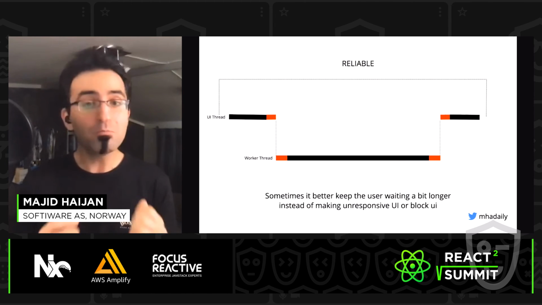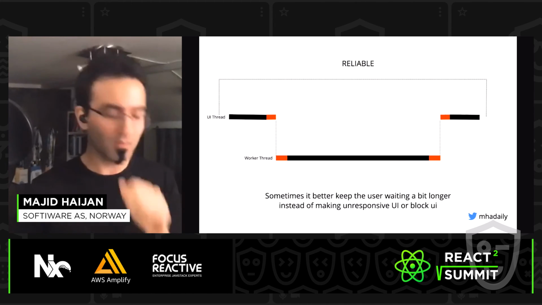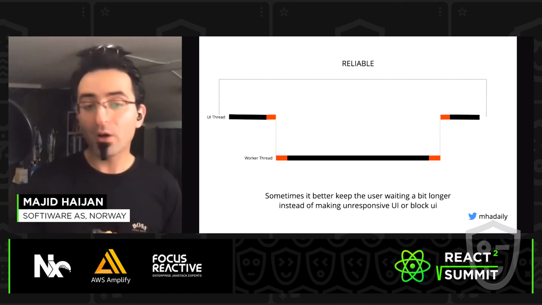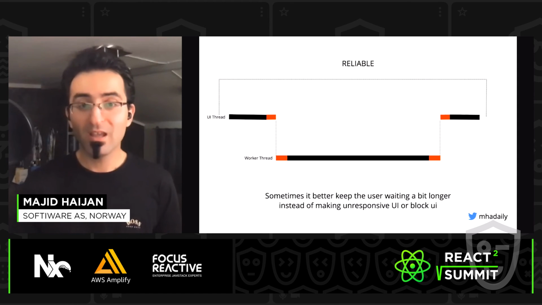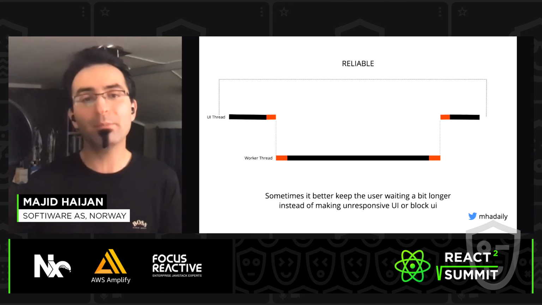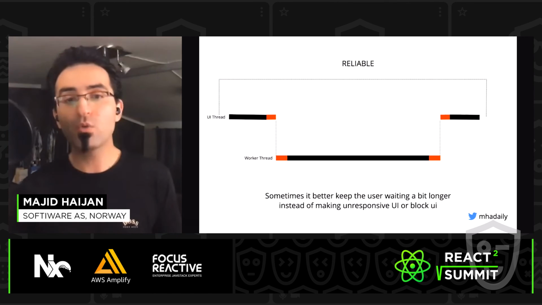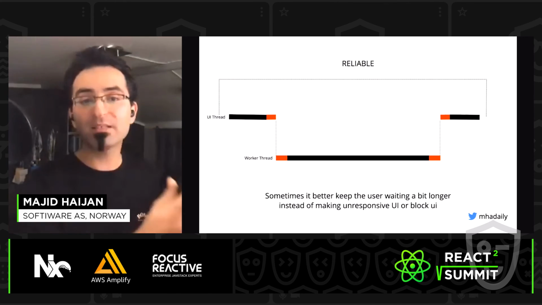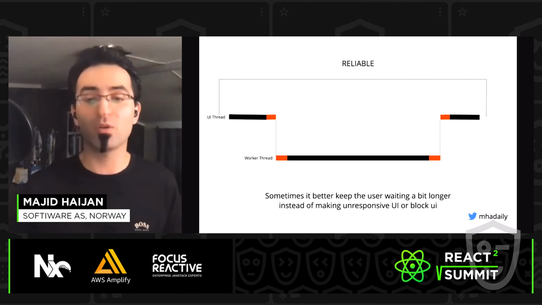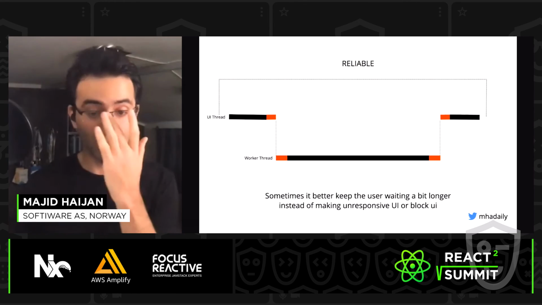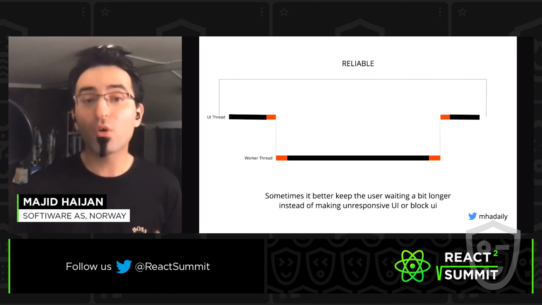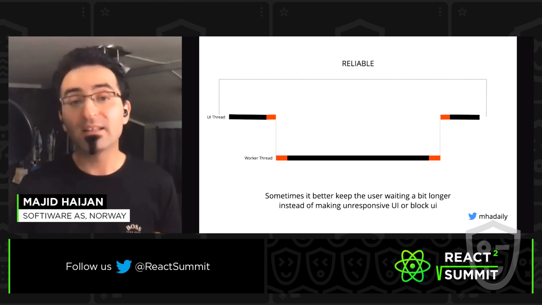So in fact, it might not be faster, sorry, but I can say that it's more reliable. As you saw in the example, you don't block your UI. You're just sending these messages, this business logic, to a worker thread and just getting the response back to your main thread. And that makes it more reliable and less of an unresponsive UI.